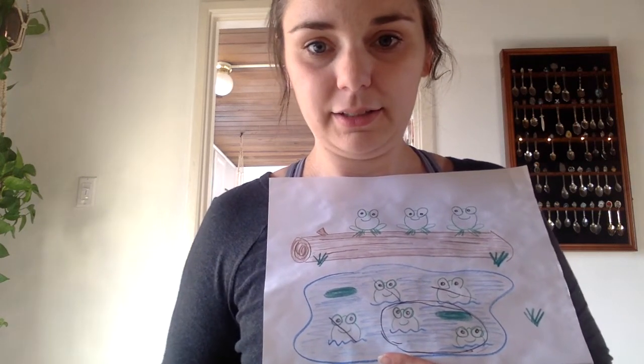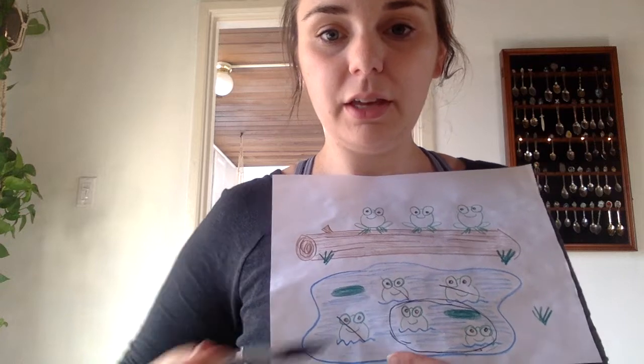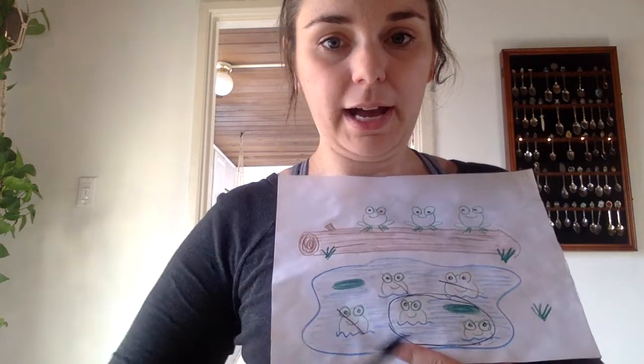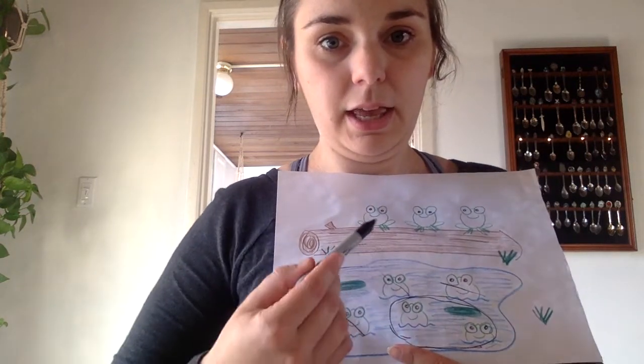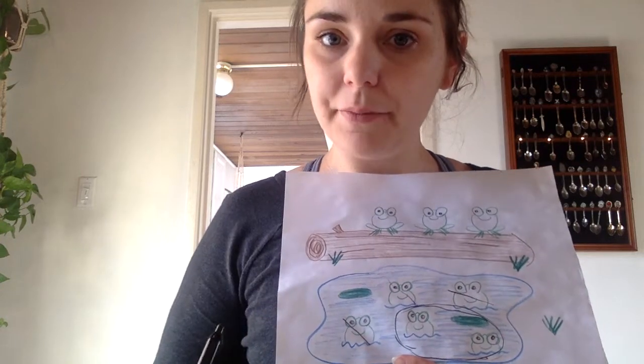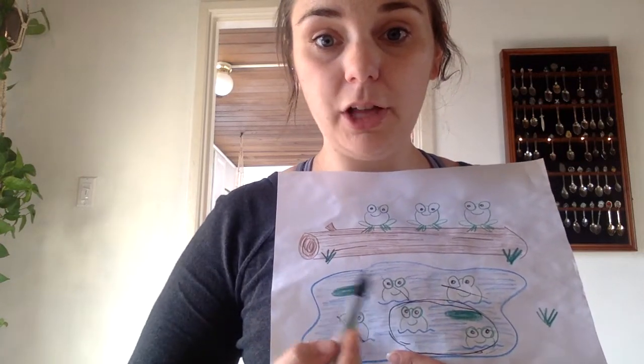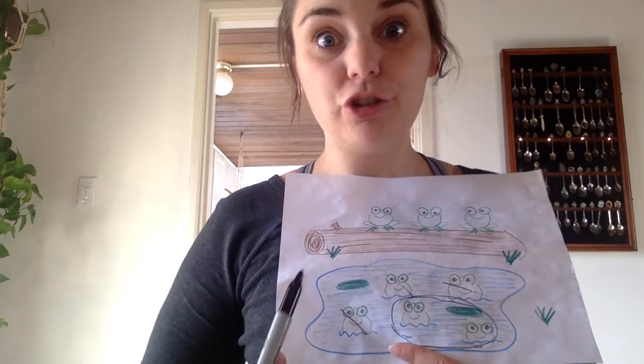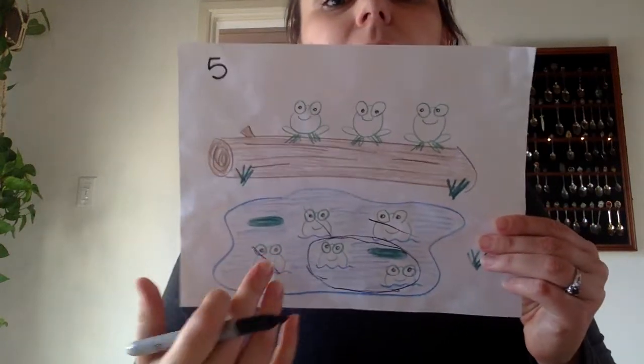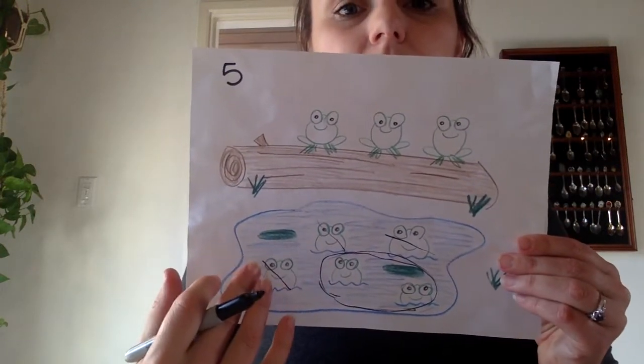Nice, friends. We can also think, there are 5 in the pond and 3 on the log, and we could take away the 3 on the log to see what's extra. Let's try that. 5 frogs in the pond.